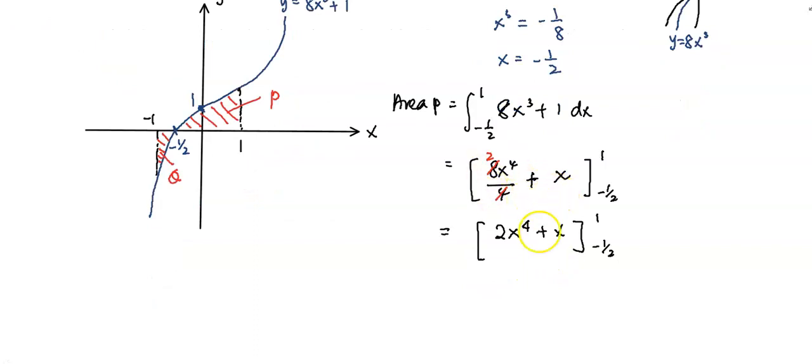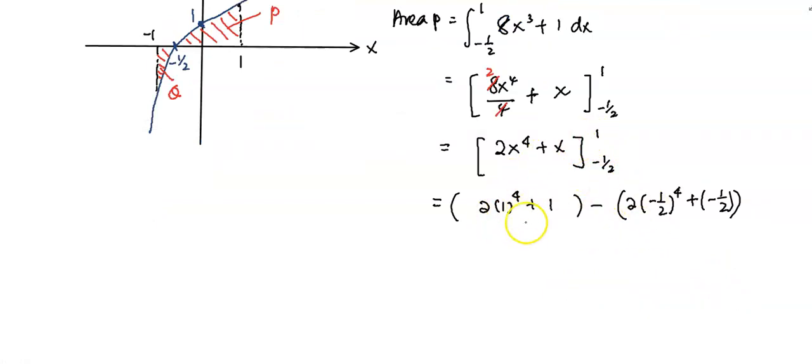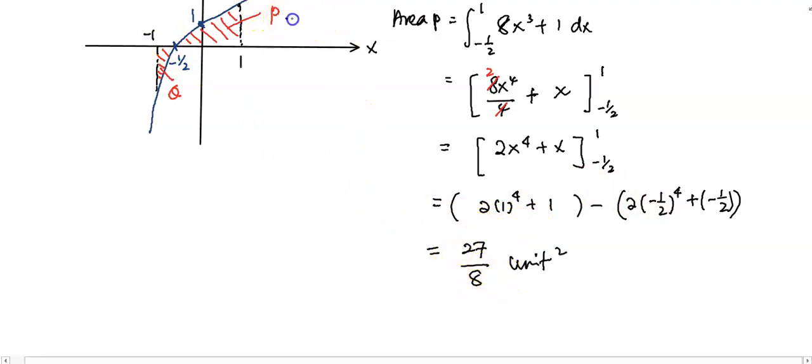I have integrated and simplified, and I get this. Now we substitute the upper limit and the lower limit. After the substitution, you have this. With the assistance of a calculator, calculate the final answer. Here I got 27/8. So P is 27/8 unit square.